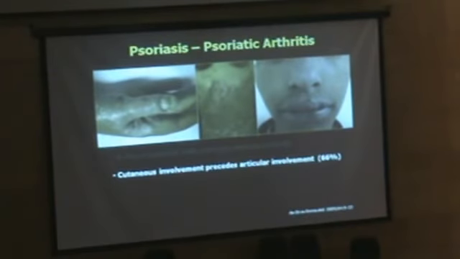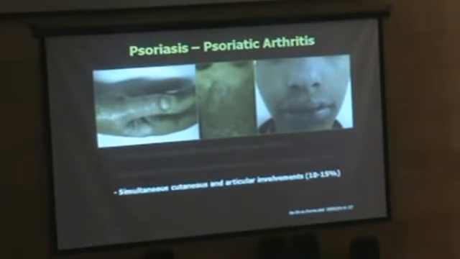So it makes it much easier to perform the diagnosis. You know the patient has psoriasis, and then he developed arthritis. So this is not a problem to diagnose psoriatic arthritis. This is not bad as well, because you have simultaneous cutaneous and articular involvement in up to 15% of cases. So both appear at the same time, and this is easier.